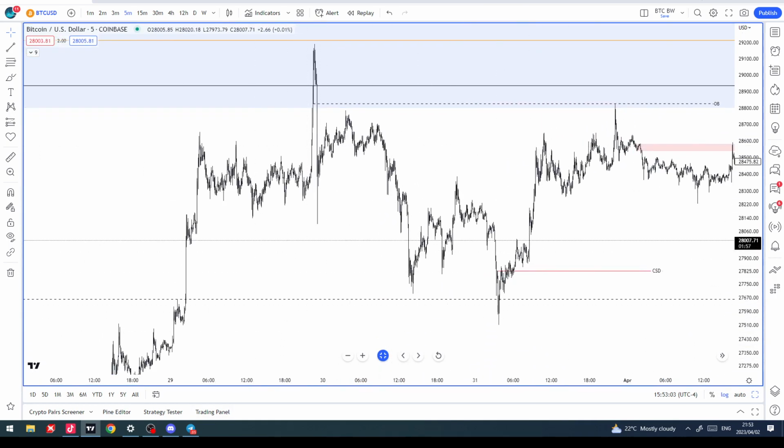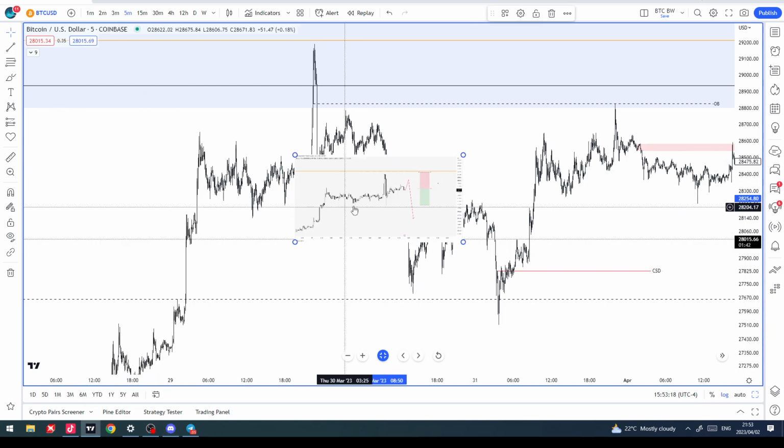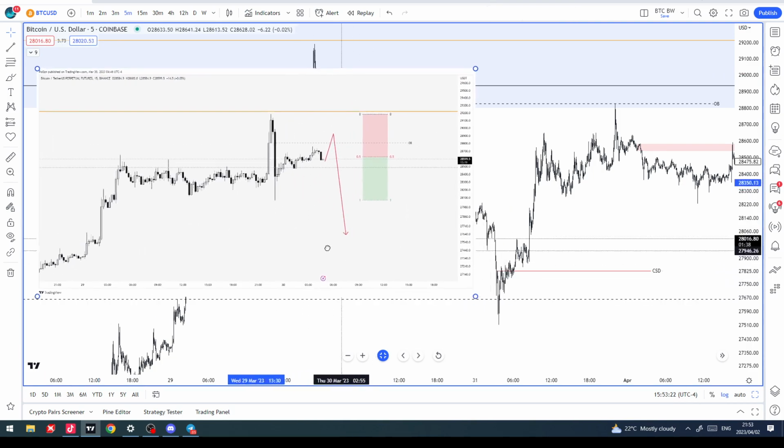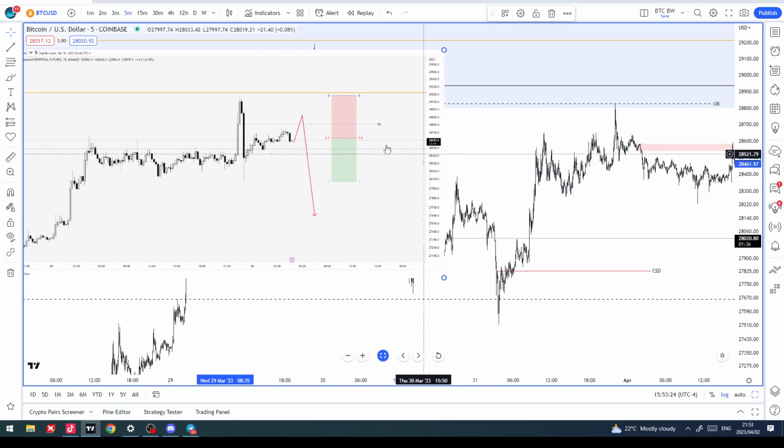Let me try and paste it from the BTC updates, right? I gave you all two options. Yeah, 28.8 getting tapped after we broke down. I gave you this option here, right? We go up, tap, and then break down continuously.